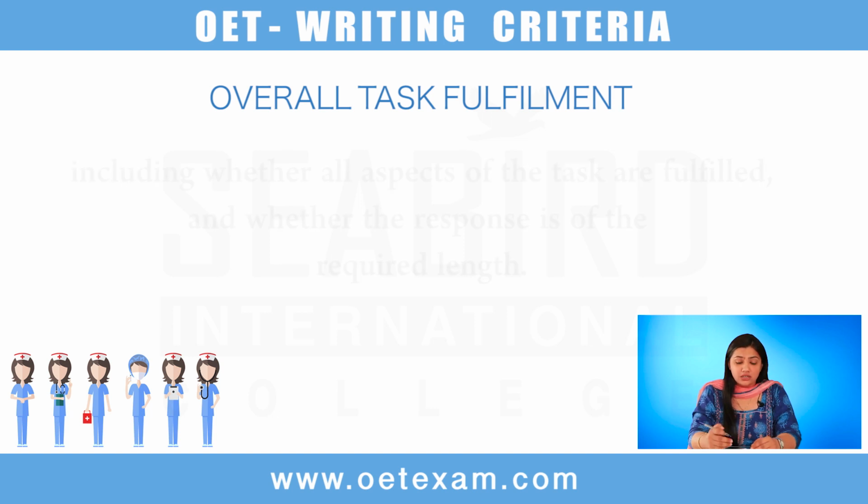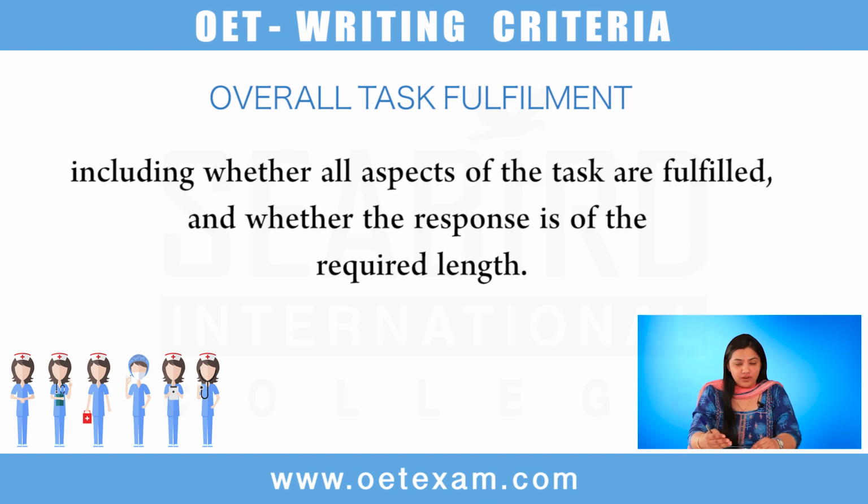It includes whether all the aspects of the task are fulfilled and whether the response is of the required length, because they are going to assess whether your task has fulfilled all the requirements or not. Most importantly, there is the word count, because they have given you a word count of 180 to 200 words, and students get diverted by how many words they have to write. Sometimes they keep on writing irrelevant information just to complete the word count.